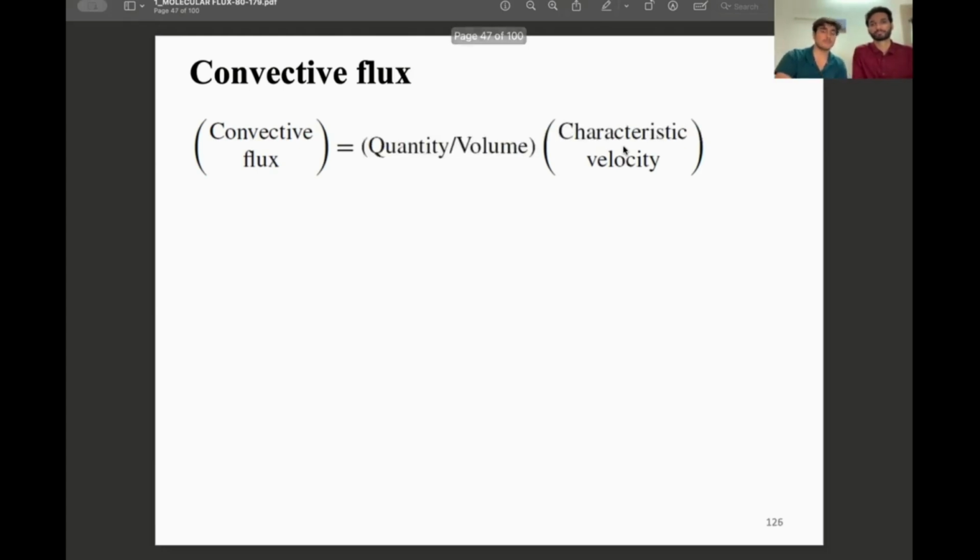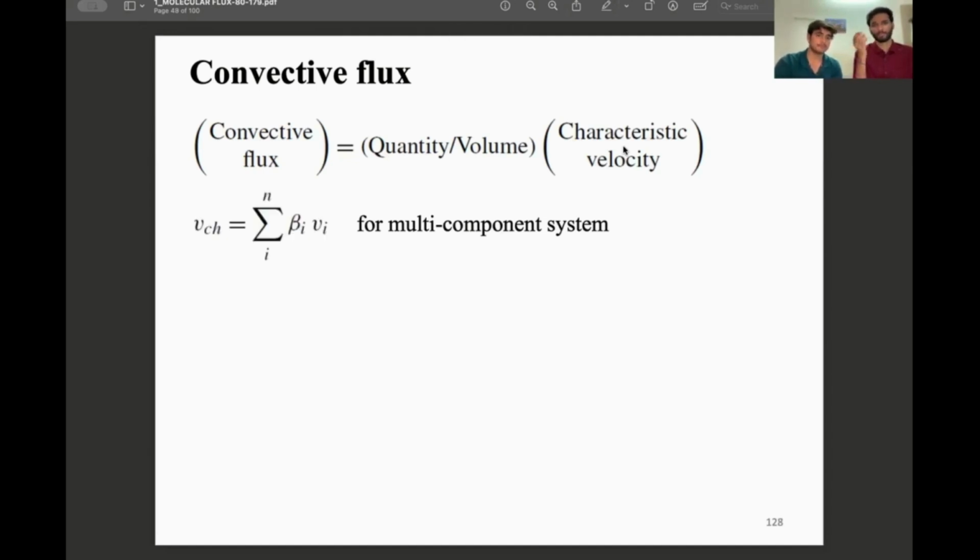Now, the formula of convective flux will be something like: quantity per unit volume into characteristic velocity. Exactly. As we have talked about, different components will have different properties in convective flux.